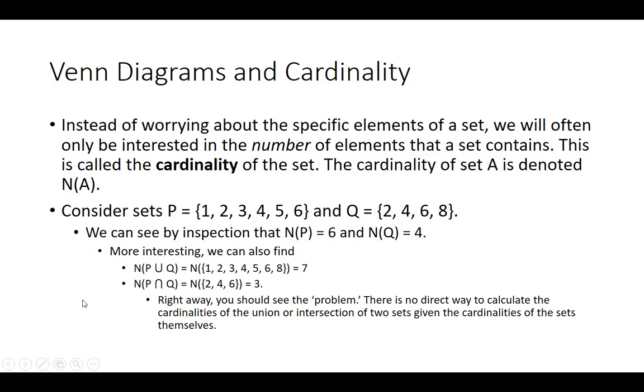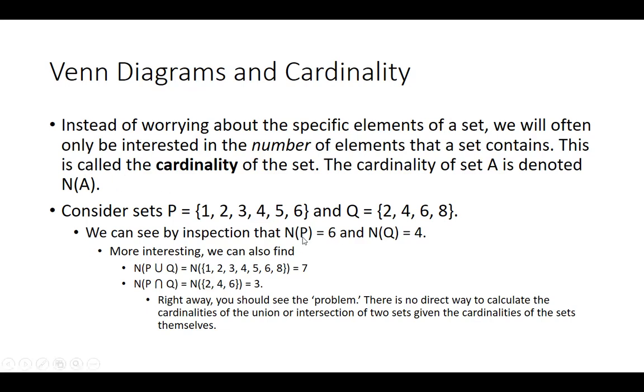Now, right away, you should see the so-called problem. And that is that there is no direct way to calculate the cardinalities of the union or intersection of two sets, given the cardinalities of the sets themselves.